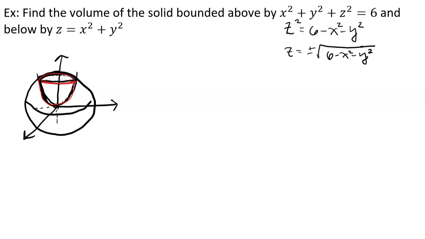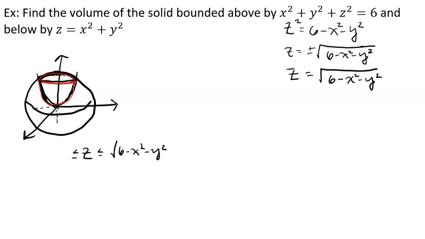Well, we need that upper half hemisphere, so we want the positive. So we're going to use z equals the positive square root 6 minus x squared minus y squared. So those are our bounds for z. That's the upper bound, the top of the solid, the square root 6 minus x squared minus y squared. And the lower bound is the paraboloid, so it comes from x squared plus y squared.